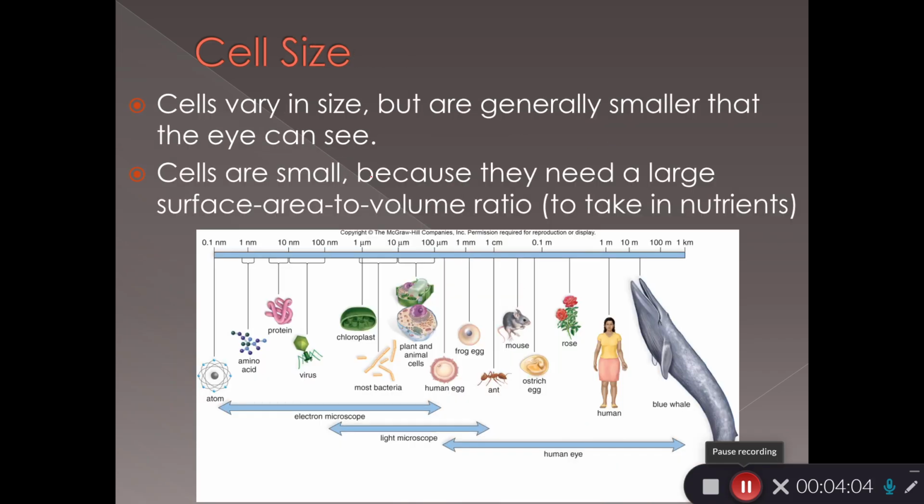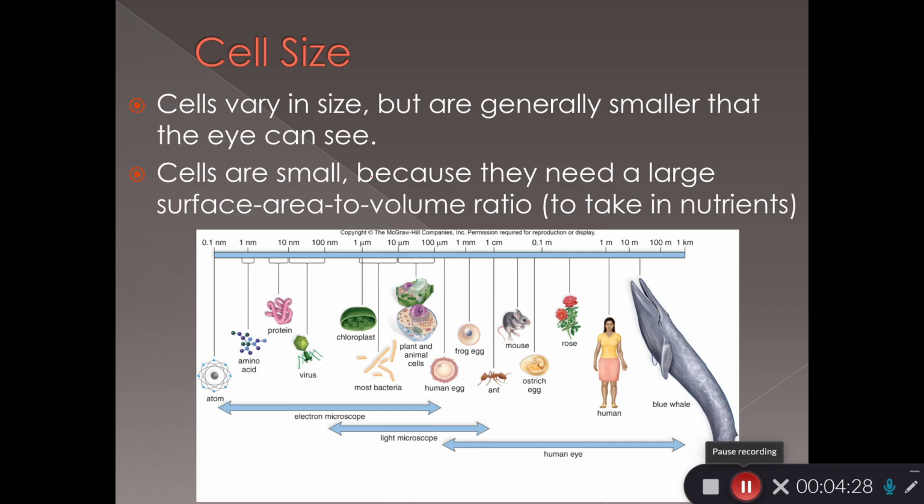Cell size: cells are very small so that they can get materials in and out. I always think about, if you're going to cook, for example, chicken, little tiny pieces, cut up, will cook much faster than a big piece of chicken if you're trying to grill it or cook it on a stove. The little pieces can get the heat in and out faster and cook throughout.